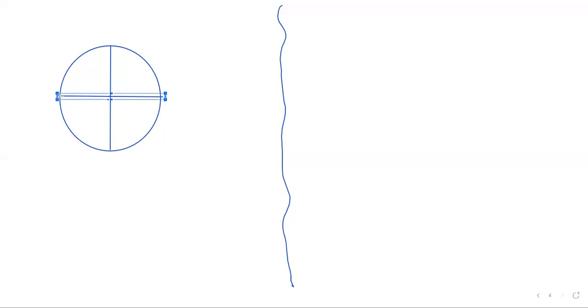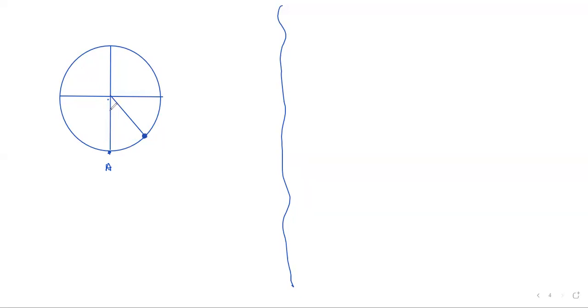The object moves from the reference point, this point A, and comes to any position here, making a certain angle theta.